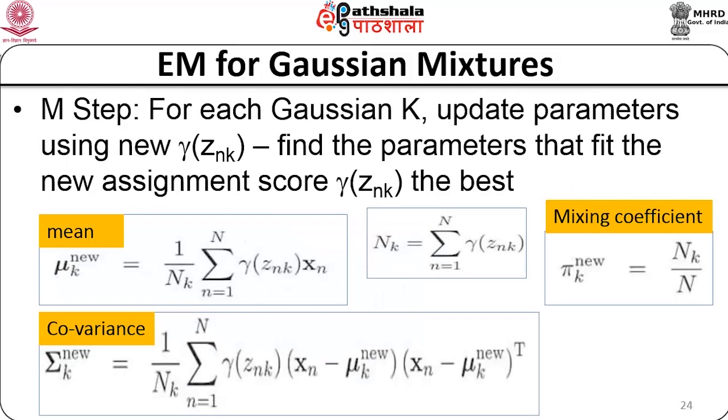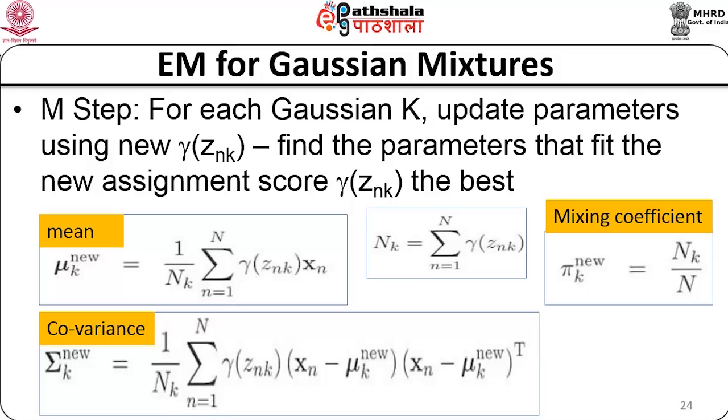So, in the M step, for each Gaussian k, you will update the parameters with the new values. So, the mu value will change now, the covariance value will change and the mixing value will change. How does it change? You take the mean as the normal calculated mean, and nk is the total value of the score, and the mixing coefficient you just say nk by n, and the covariance you take from old versus new and transpose of that.